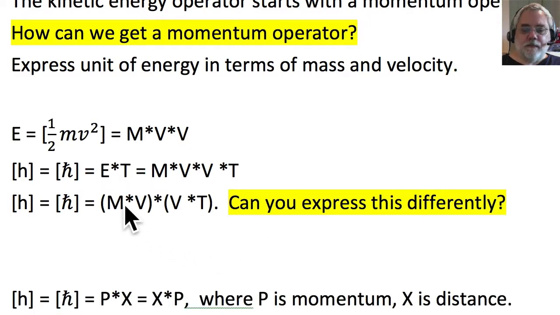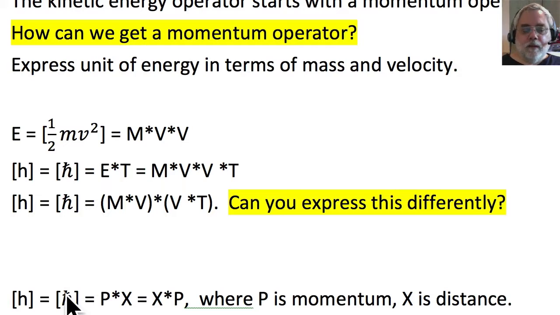Well, mass times velocity, that is momentum, which we normally use p to express. And velocity times time is distance or position, and we'll use x for that. So the units of Planck's constant, yes, they're energy times time. We already looked at that.